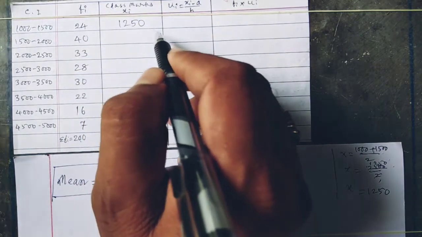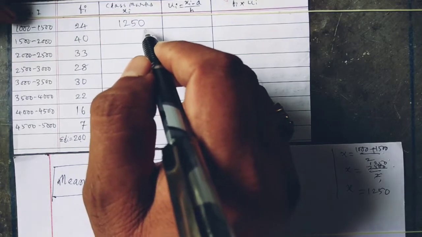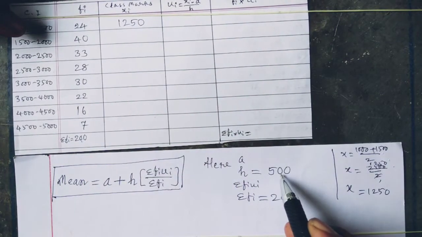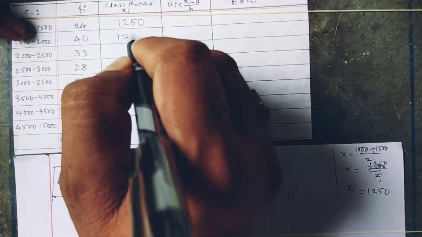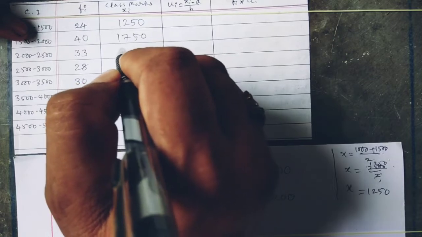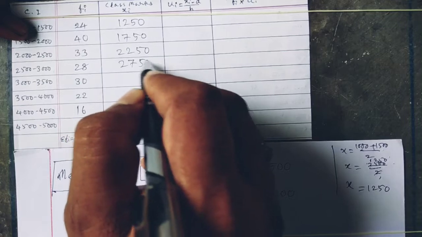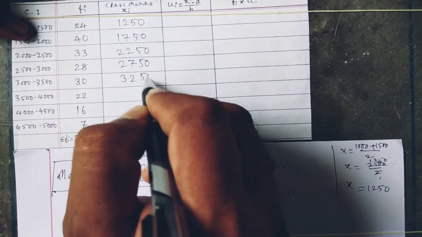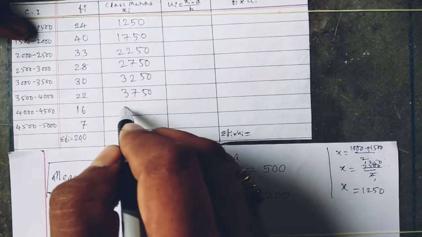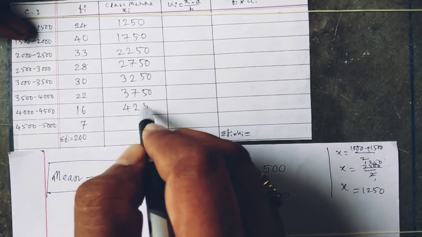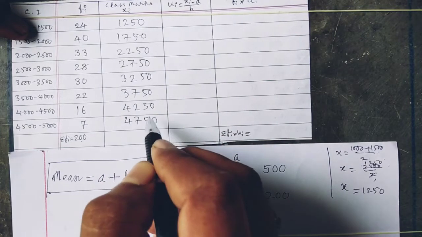Based on this 1250, we can write all the class marks by adding the height of the class, 500: 1250 plus 500 is 1750, plus 500 is 2250, 2750, 3250, 3750, 4250, and 4750.